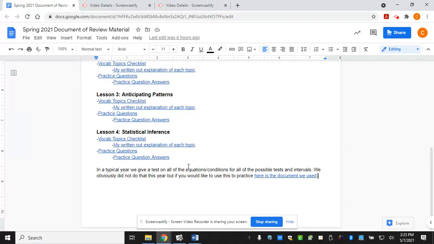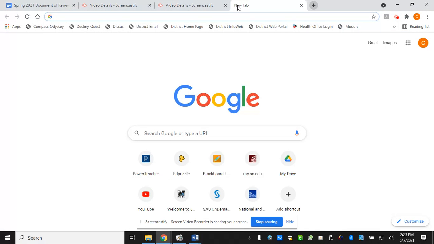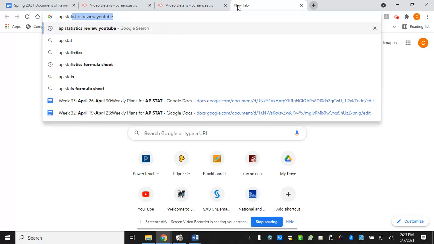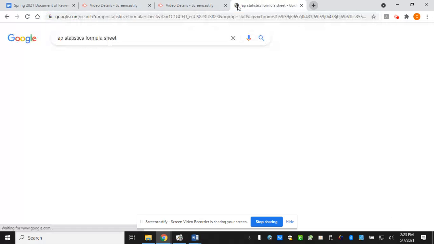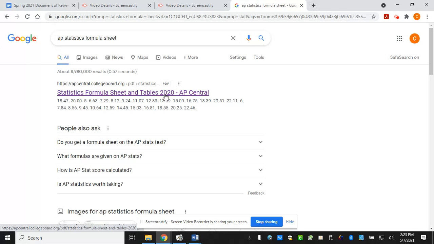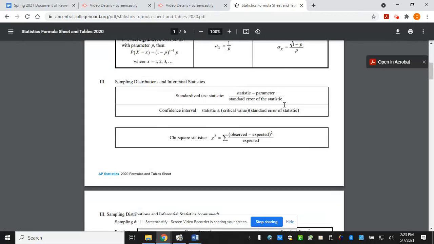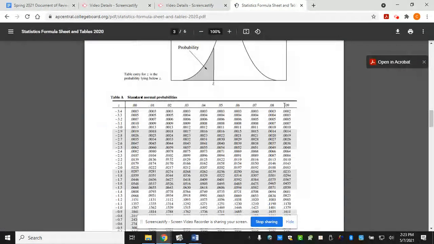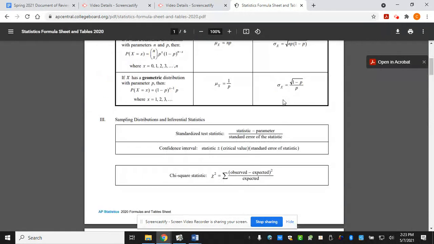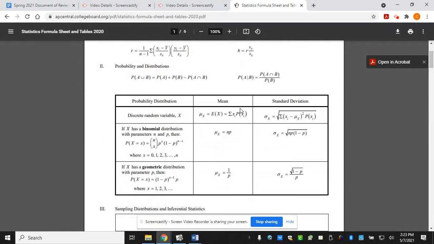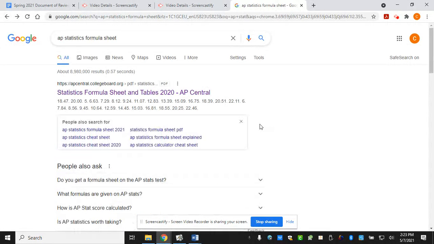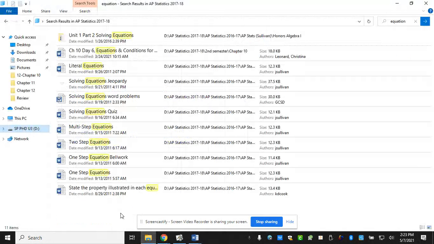I'll Google it. I like referencing stuff directly from there because it's going to be the way you have it to look at. Oh, this is the one from last year, which I don't like. That one gives you too much. They haven't released what it's going to be yet.